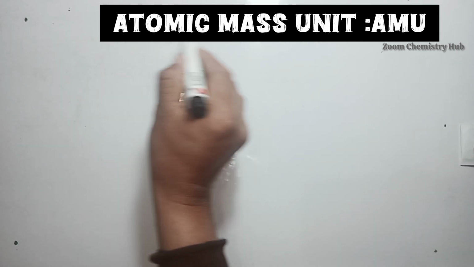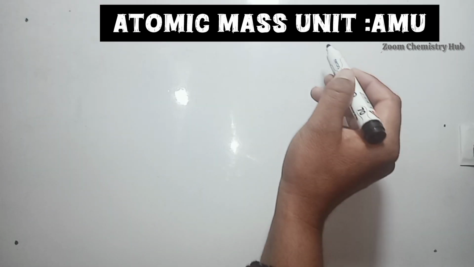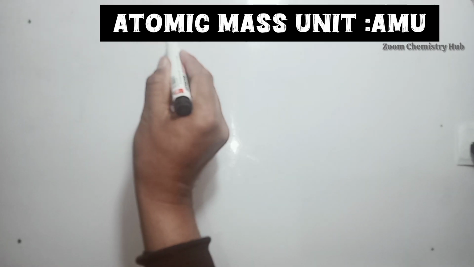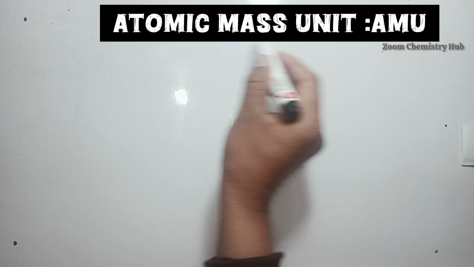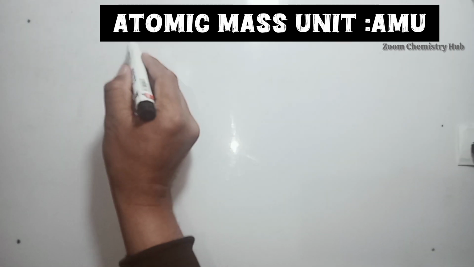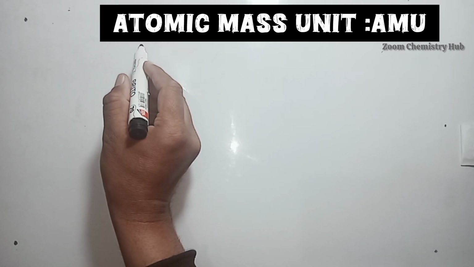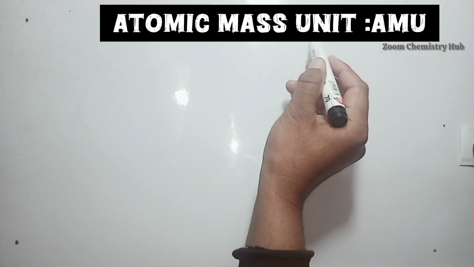Today in this video we will discuss a confusing and very important topic, that is atomic mass unit, which always confuses the students. So today we will discuss AMU, or atomic mass unit. So what actually is the AMU?